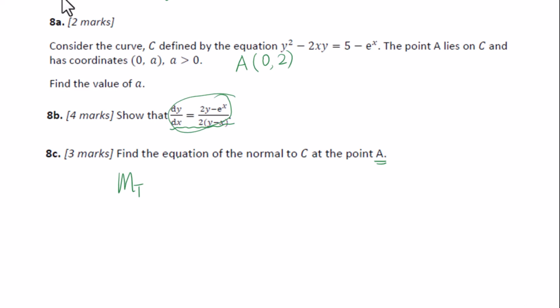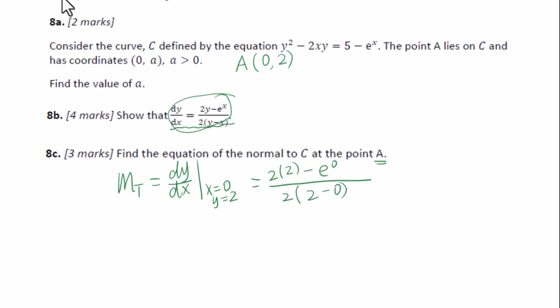So the slope of the tangent line equals dy by dx at x equals 0, y equals 2. Do the substitution: (2 times 2 minus e to the 0 power) over (2 times 2 minus 0) equals 3 over 4.